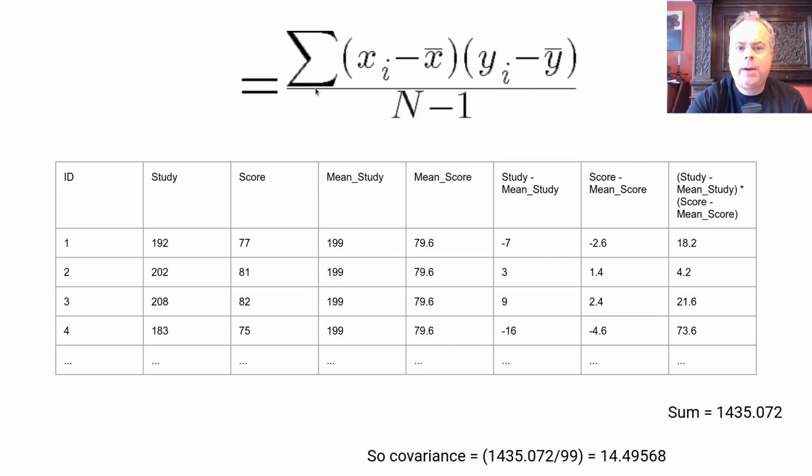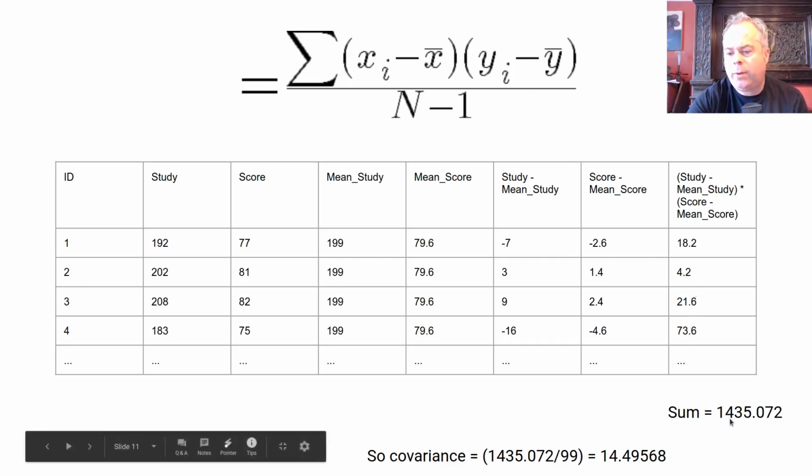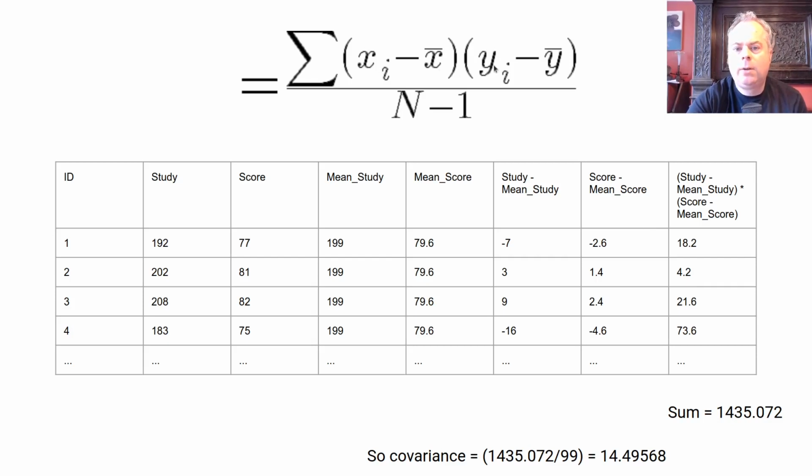So this symbol here, sigma, basically means it's the sum of all of these for all of our participants. So we can add up for each of our participants all of these products here, and it gives us a sum of 1435.072. So that gives us the top line of the equation. We then divide it by n minus 1.